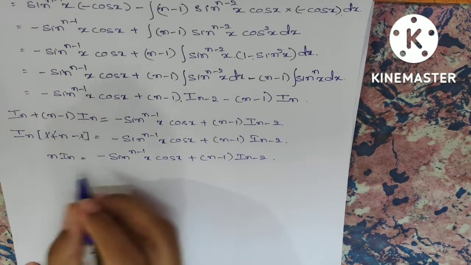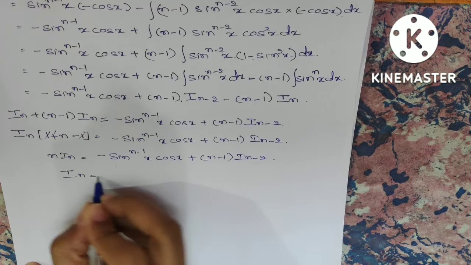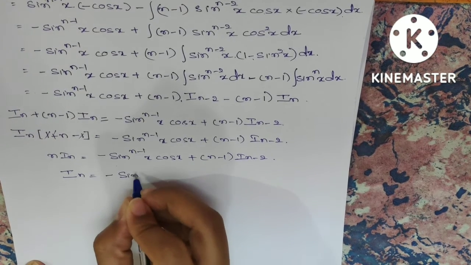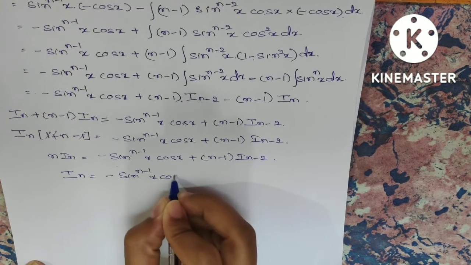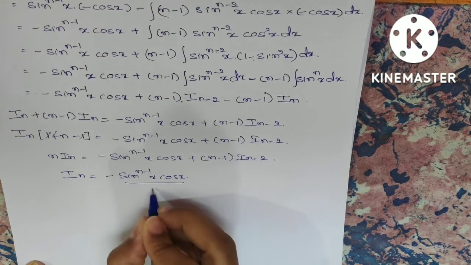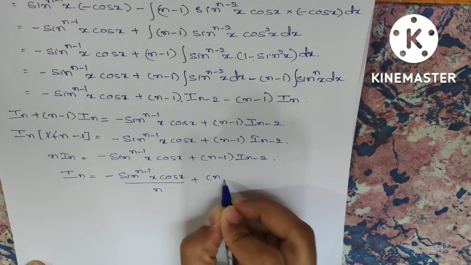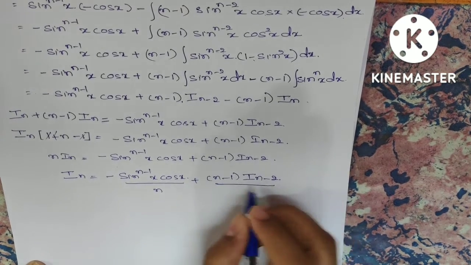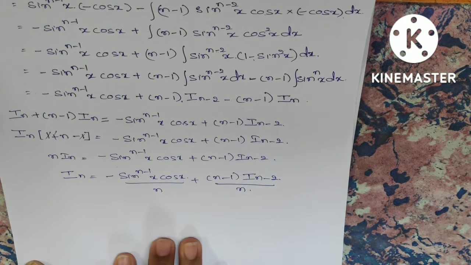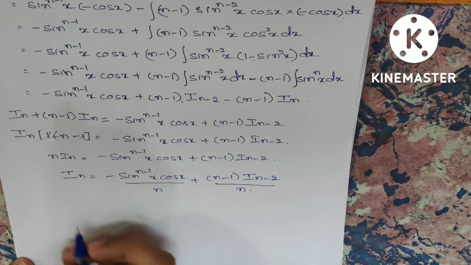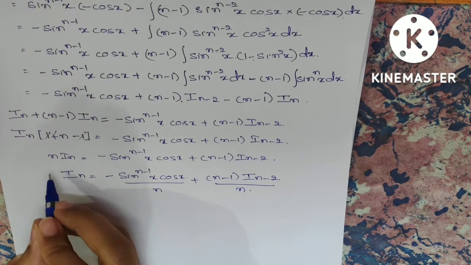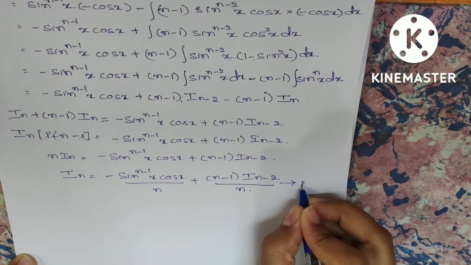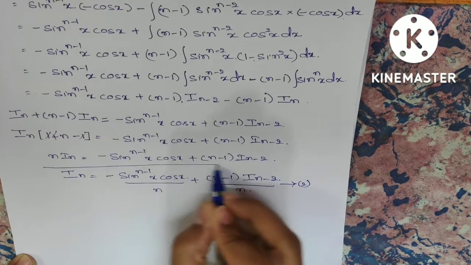Now dividing by n, we get I_n equals minus sin^(n-1) x cos x by n plus n minus 1 I_(n-2) divided by n. Students, this is the reduction formula for integration of sin^n x dx. Let it be equation 2.